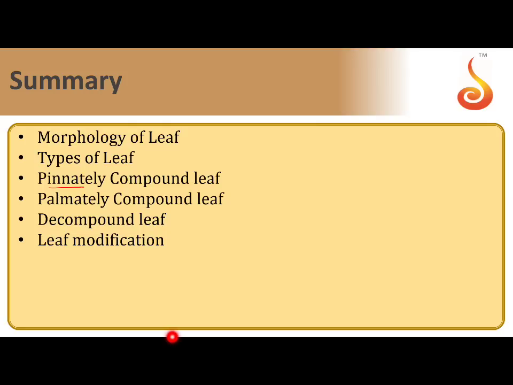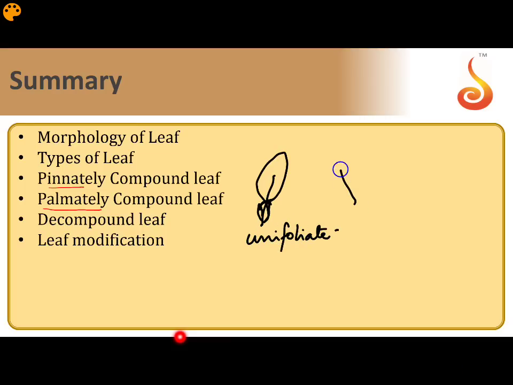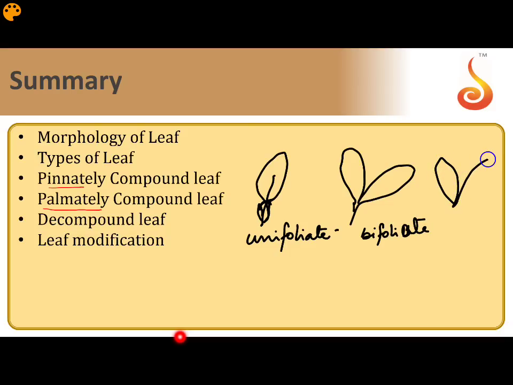The next section is palmately compound leaf. In palmately compound leaf, we saw citrus plant where we have wing kind of petiole and one leaf coming up till the petiole. We call it unifoliate palmately compound leaf. Then we have two leaves which come till the center. Then we call it bifoliate. Then we have three leaves which came up till the center to form palm. We called it trifoliate.